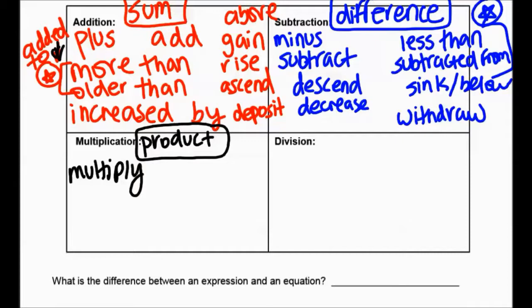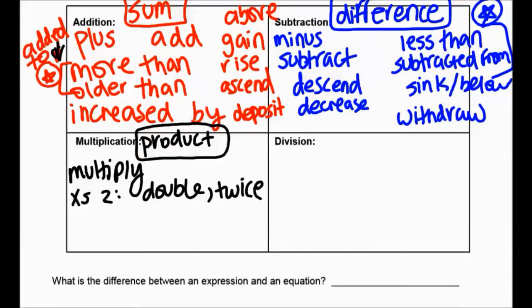So things that tell us to multiply by 2. So times 2, we could say double. So if I say I'm double your age and you're 12, we would multiply 12 by 2 and you would know that I'm 24.